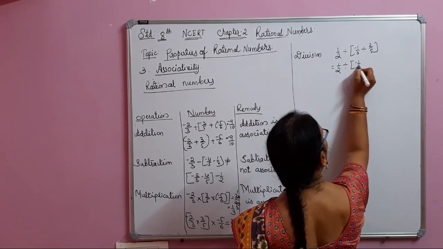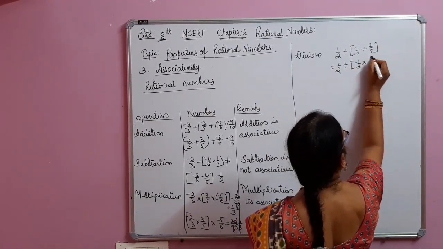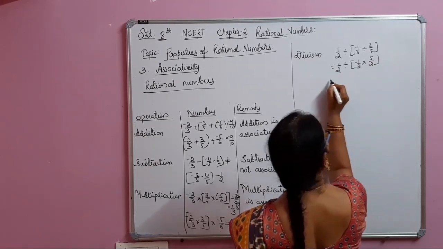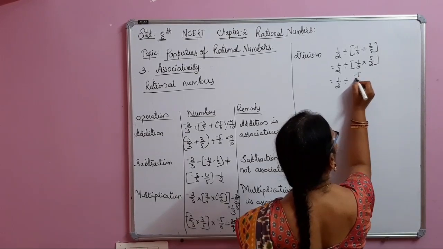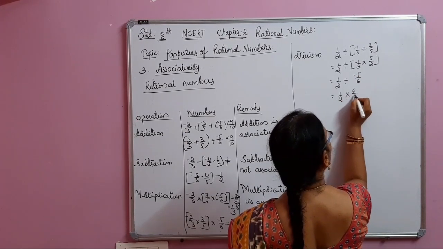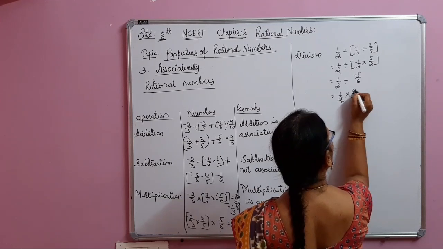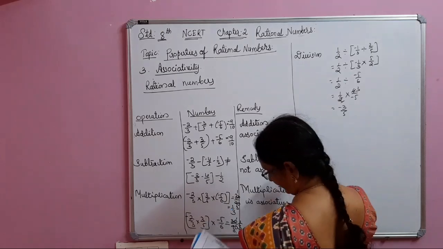First inside the bracket we will do. Division converts into multiplication, 2 by 5 becomes 5 by 2. Then 1 by 2 divided by minus 5 by 6 is 1 by 2 into 6 by minus 5. The answer is minus 3 by 5.